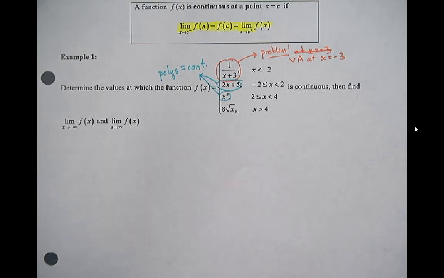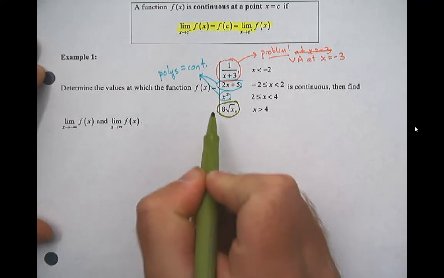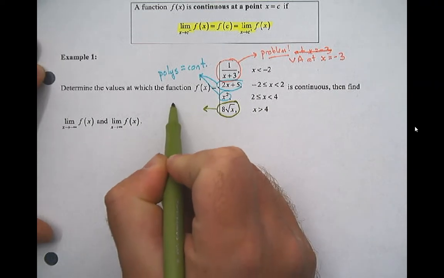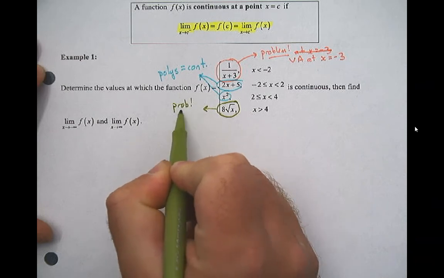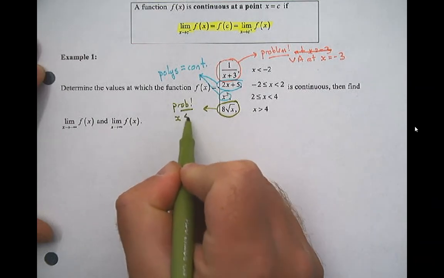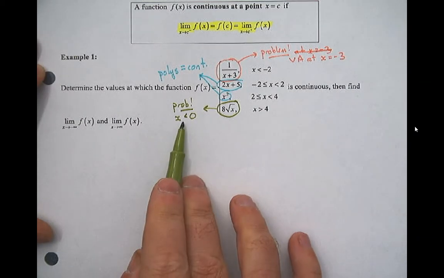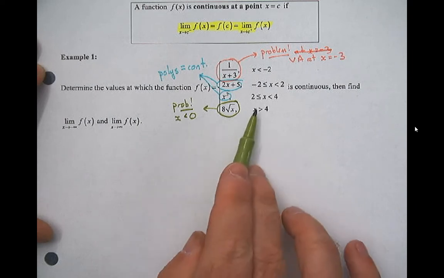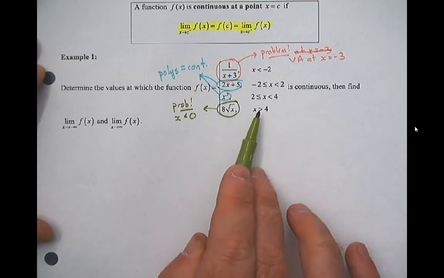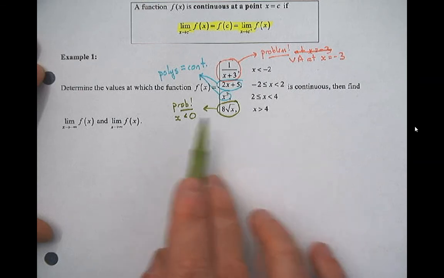And then at the end here, we have another problem, right? I noticed that I've got a square root. So I have a problem. My problem occurs for any x's that are smaller than 0. I cannot square root any negatives. That's not a problem here, though, because this part of the graph is only defined for x's that are greater than 4. So x will never be negative.